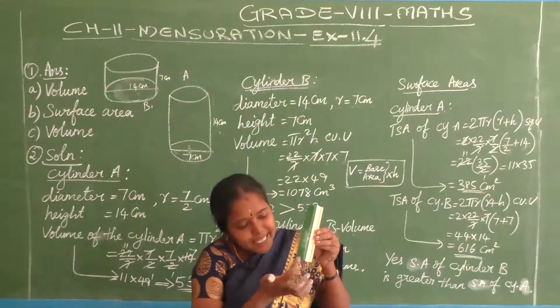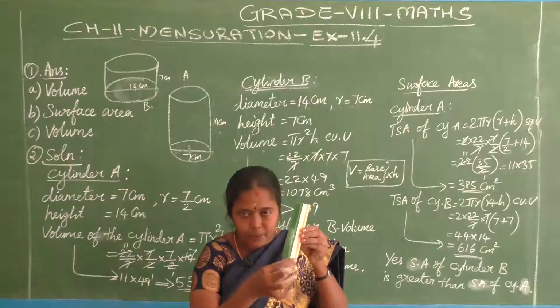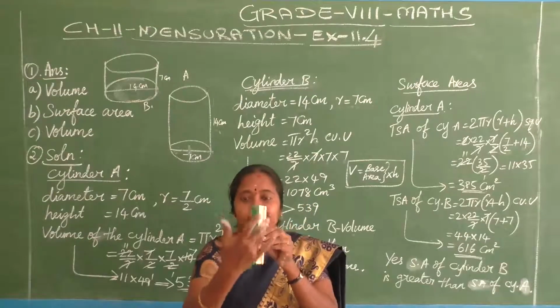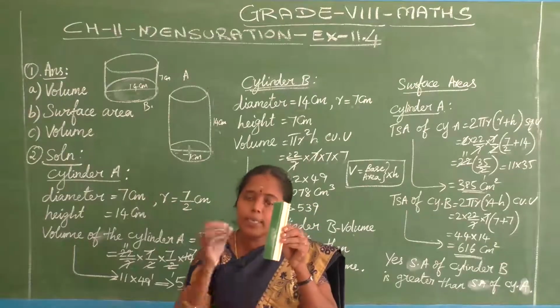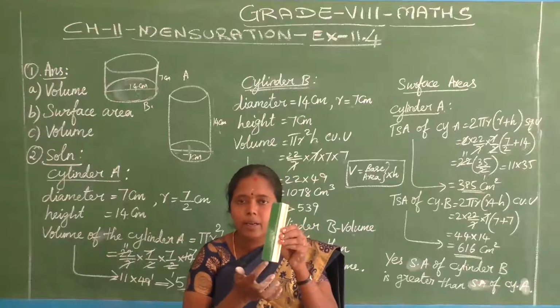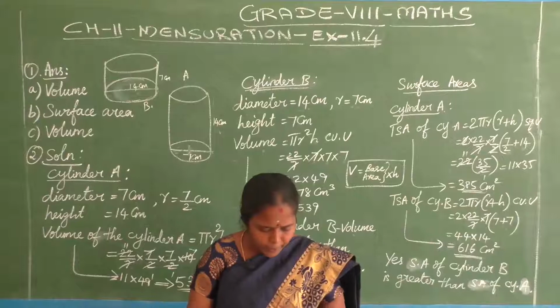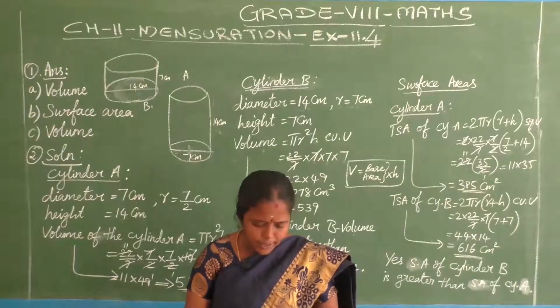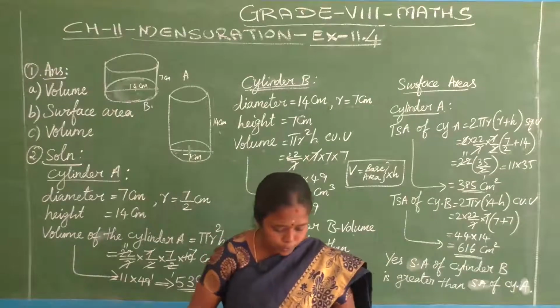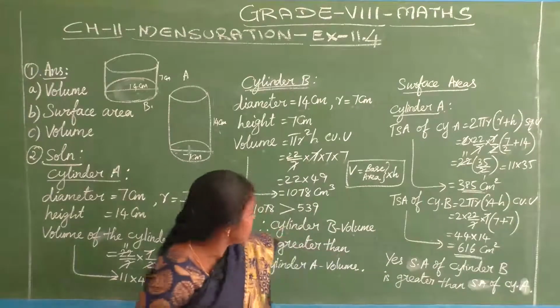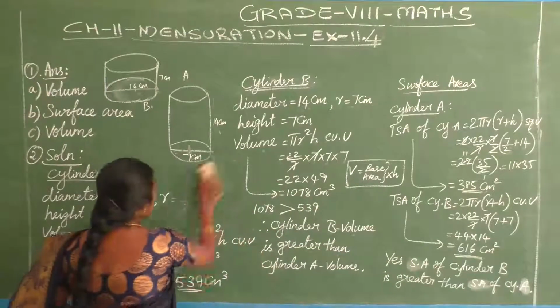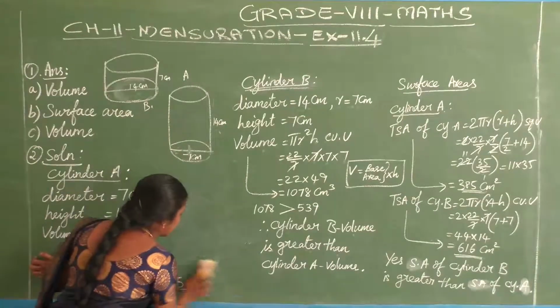This base area is 180 centimeter square. So the cuboid height is missing. Base area is given, and the volume is given. Side by side, copy down in your classwork neatly.